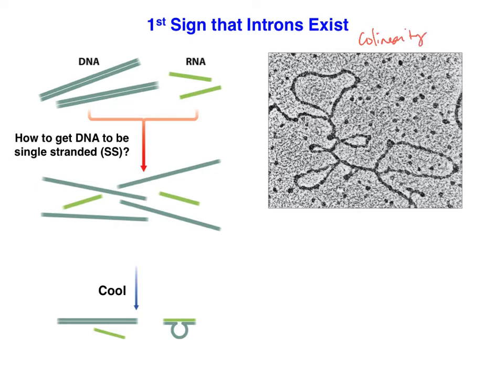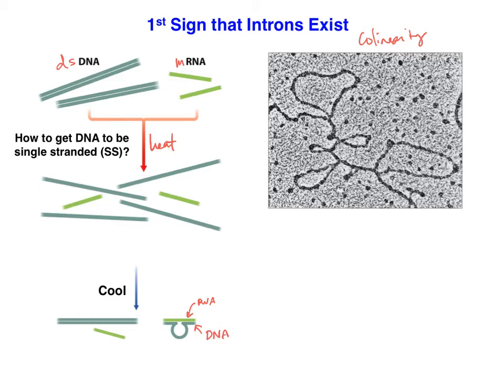Now, in the olden days of science, scientists took DNA, which of course is double-stranded, and RNA, like mRNA, which is single-stranded, and heated the DNA and RNA so that all of it was single-stranded, and then cooled this material back together so we could see where the sequences of RNA matched up with the sequences of DNA.